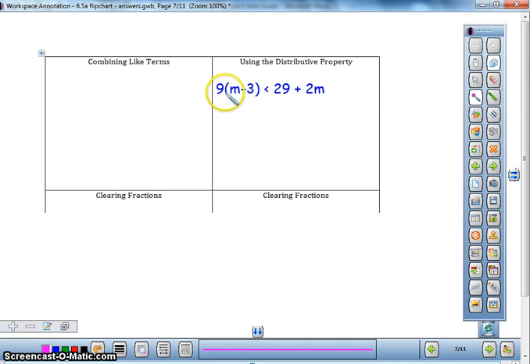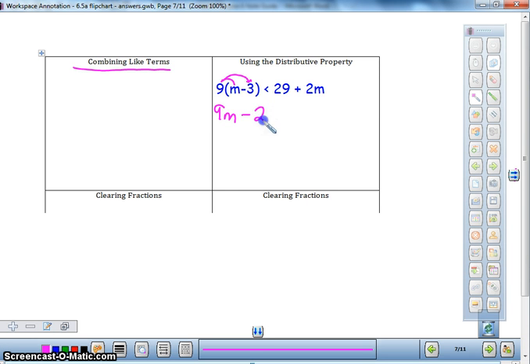The last one I want to talk about, so the combining like terms, that would go here. If we are looking at distributive property, remember, you must do this multiplication first. So 9m minus 27, and again, some of you might like writing plus a -27, is less than 29 plus 2m.